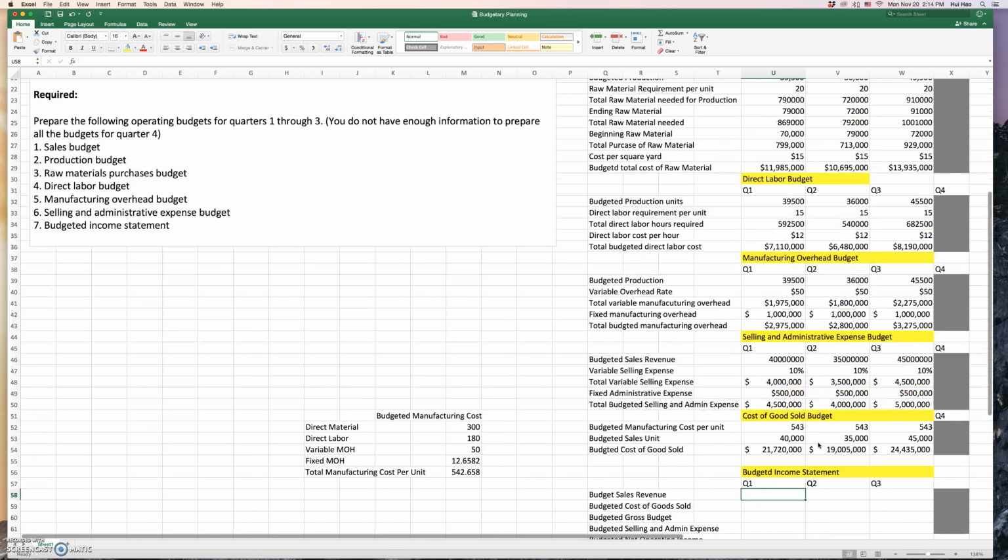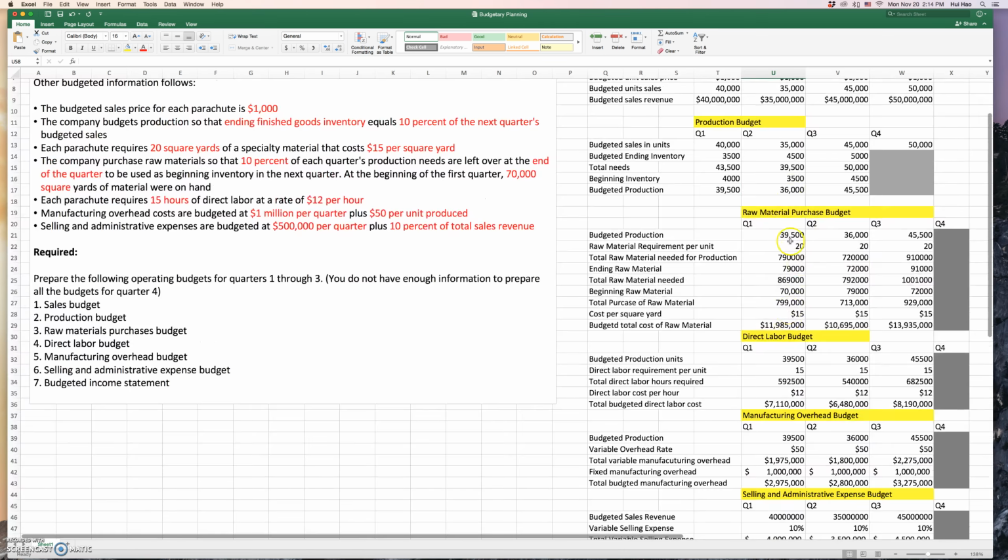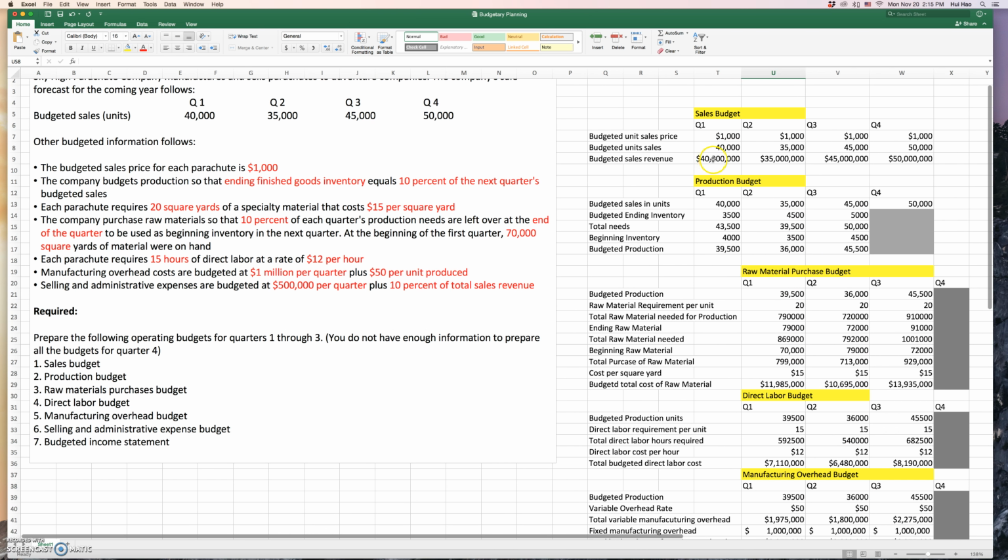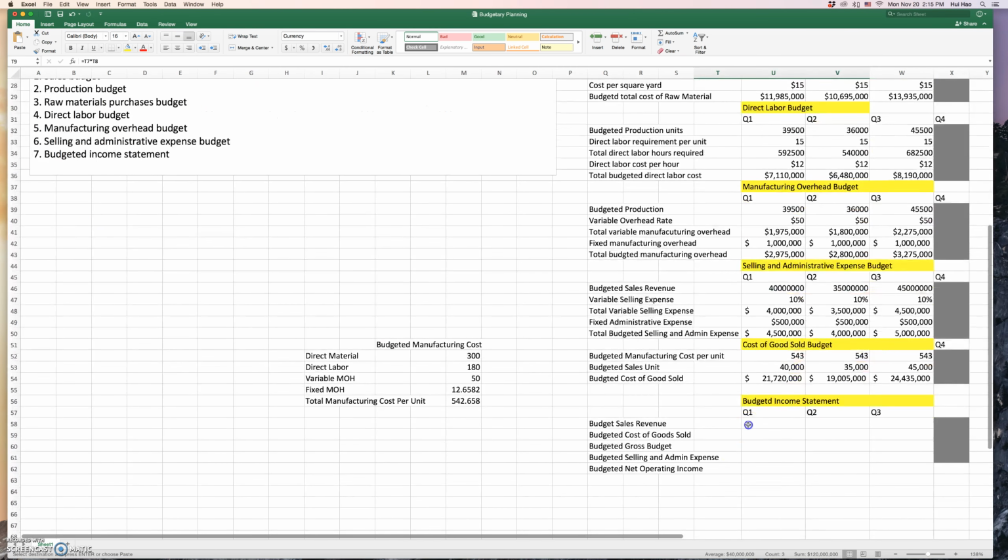Sales revenue is from the sales budget. The cost of goods sold is what we just calculated right here.